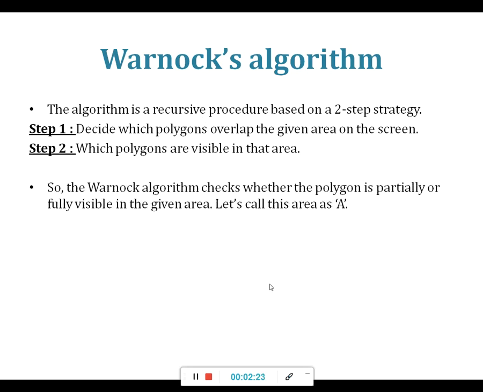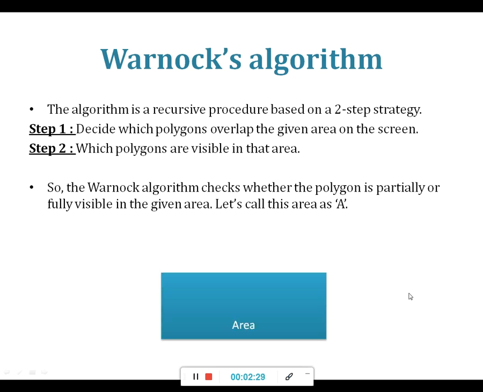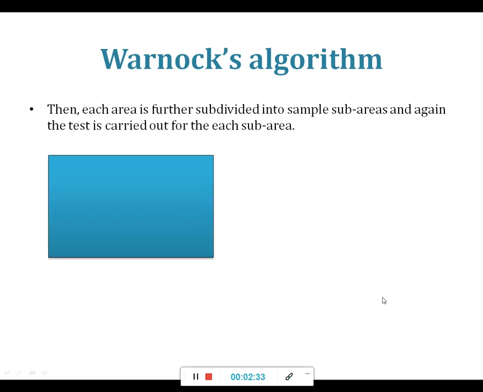So the Warnock algorithm will check whether the polygon is partially or fully visible in the given area. If I call that area A, we check in that area whether the polygon is visible or not. This is why we say that Warnock's algorithm works on subdivision.